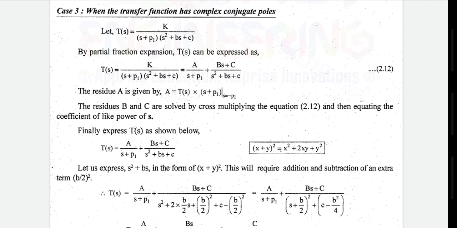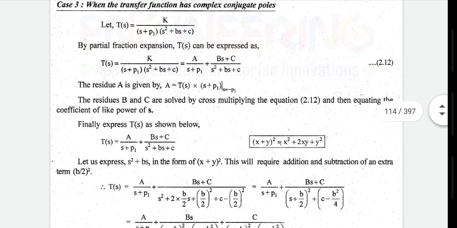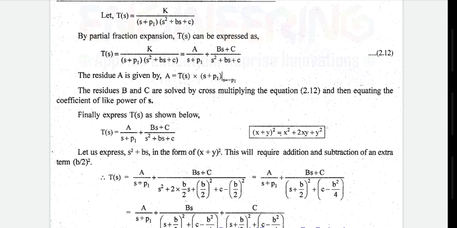If you have a transfer function like this, how are you going to do the partial fraction? t of s is equal to k by s plus p1 into s square plus bs plus c, that is equal to, you can split as a by s plus p1 plus bs plus c by s square plus bs plus c.